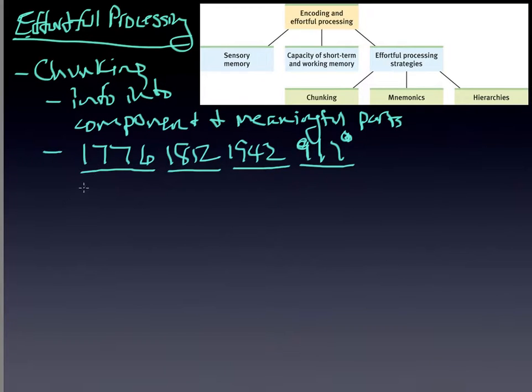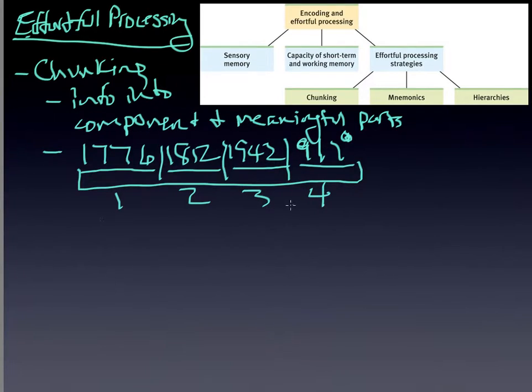It's not like you would try to remember this entire string. You would break it down into component parts, and essentially you would have only 3 or 4 different pieces or chunks to remember versus 12 or 15 numbers instead. And that's a good example of what chunking does.